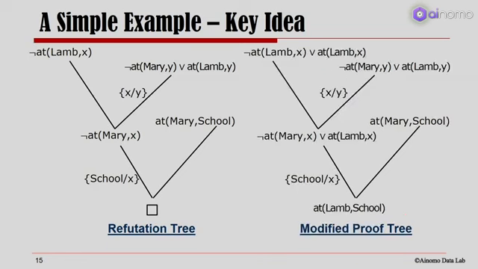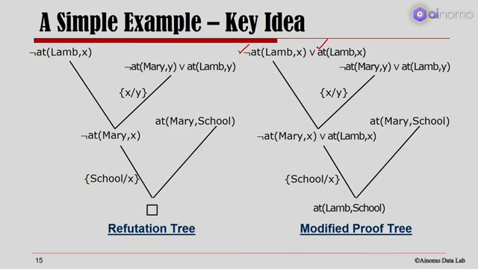So, the figure on your right now shows the modified proof tree, where the negation of the goal together with its own negation has been added up, and we have a tautology, and we follow the same resolutions of the refutation tree.